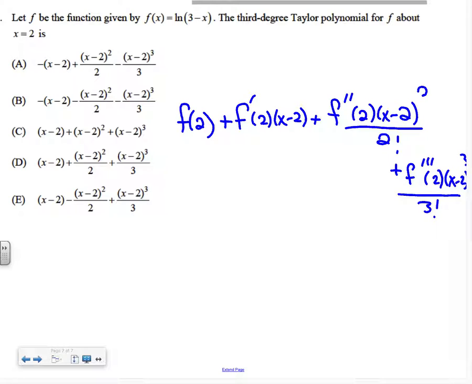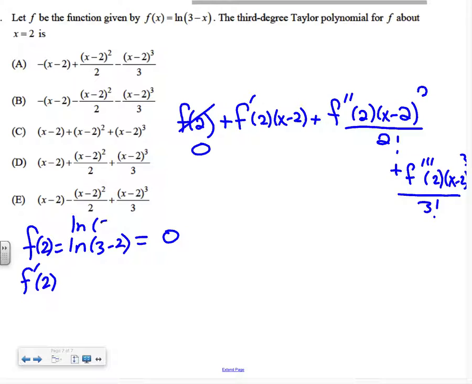So f of 2, if I plug in 2, what do you get? The ln of 3 minus 2, which is the ln of 1, which is 0. Now I'm going to take f prime of 2. What's the derivative of the ln of 3 minus x?